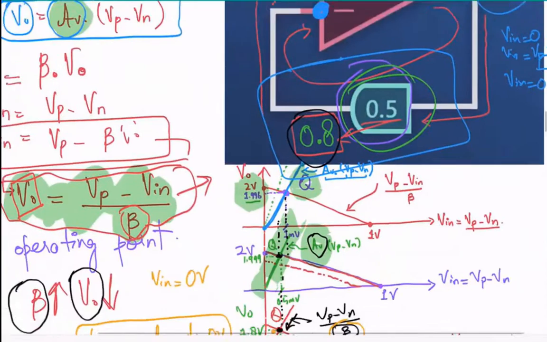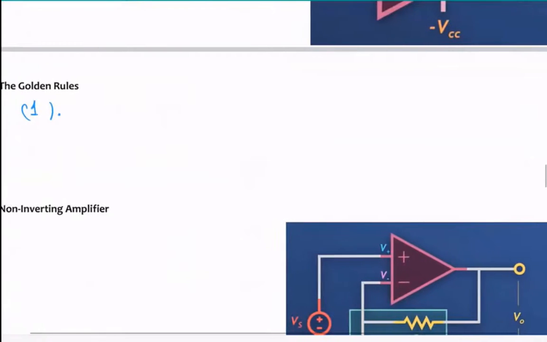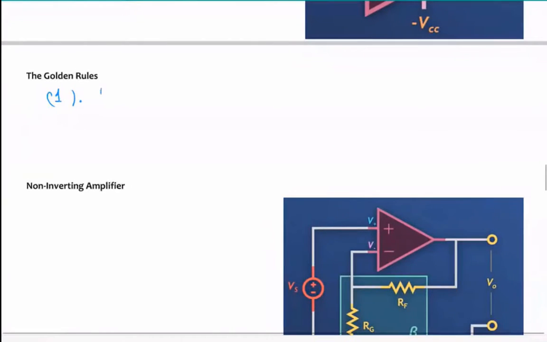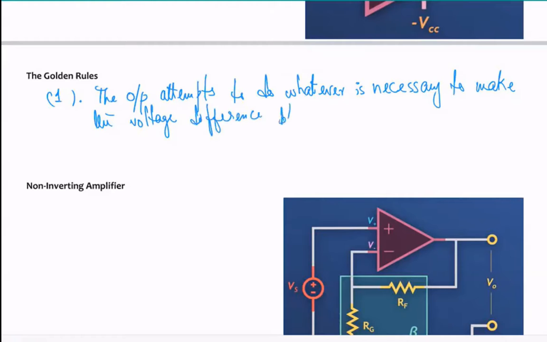So one thing for sure we learned here is that the output attempts to do whatever is necessary to make the voltage difference between the inputs 0.